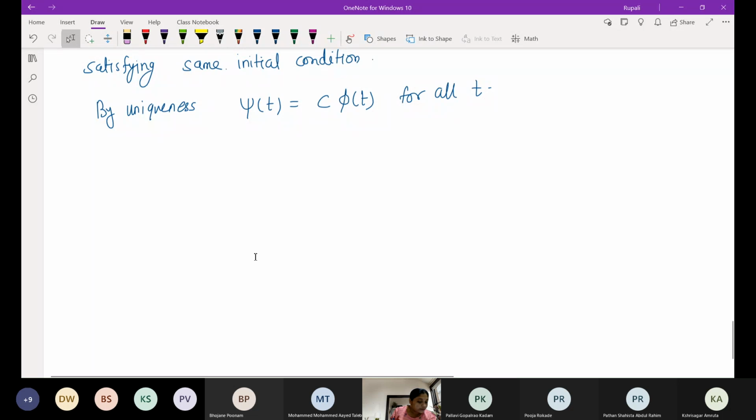So we can write its particular case as theorem 4.11.